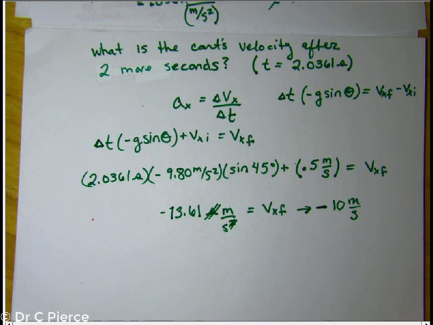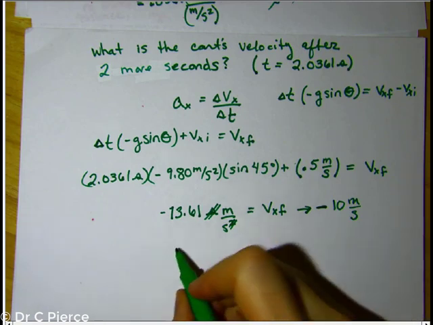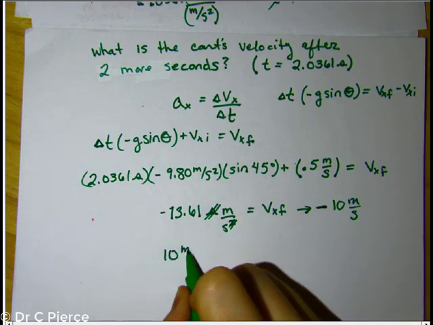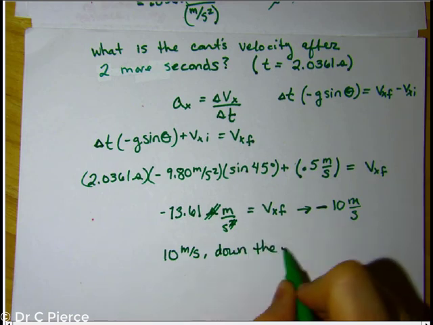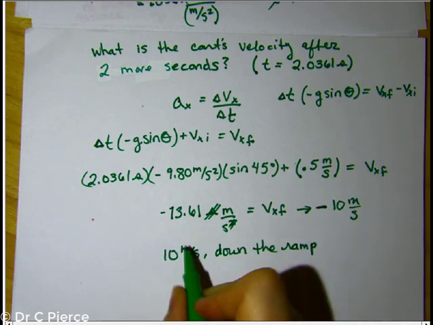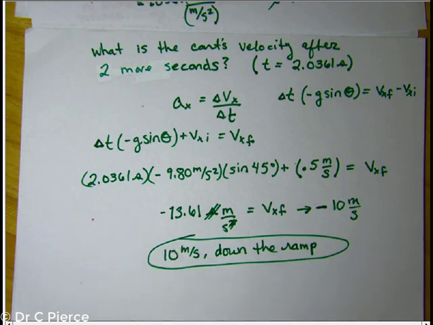And your coordinate system might be different than my coordinate system. So as our final answer, how about we say 10 meters per second down the ramp? That way our velocity, which is a vector, has a magnitude and a very clear direction.